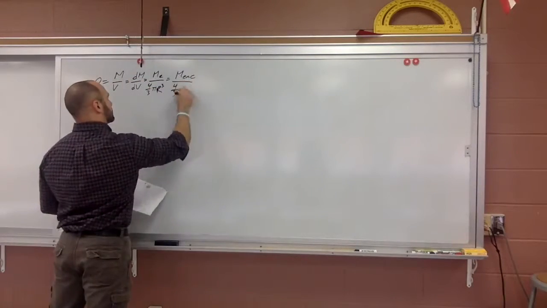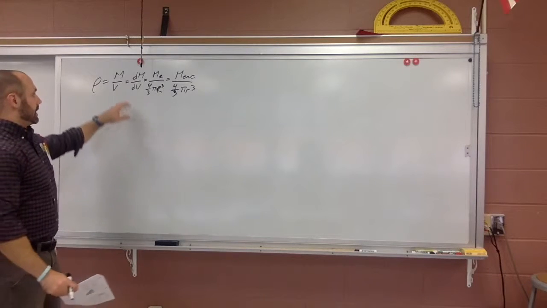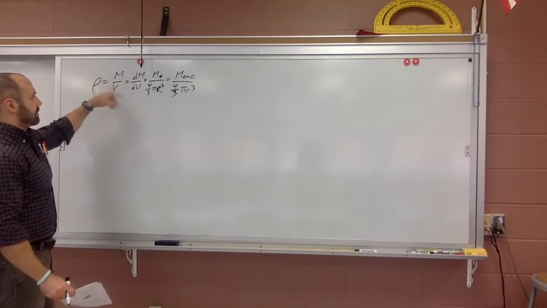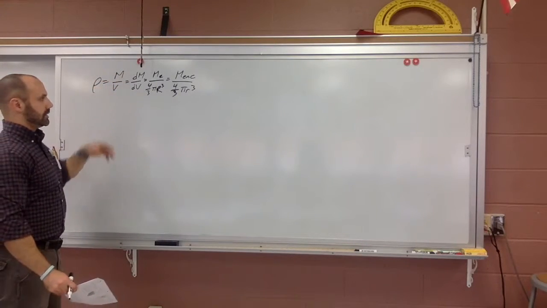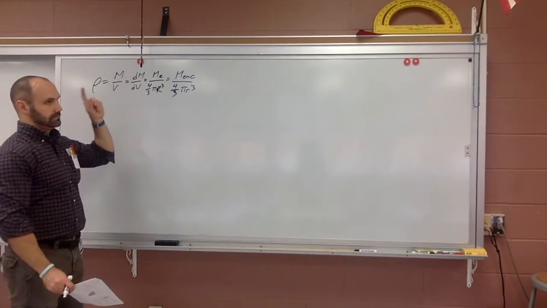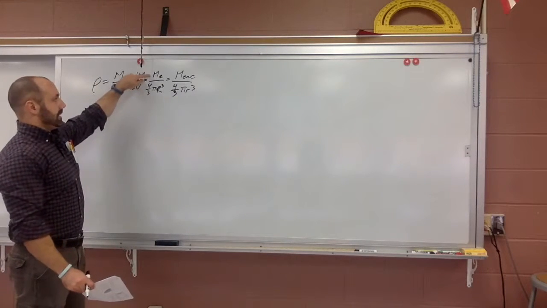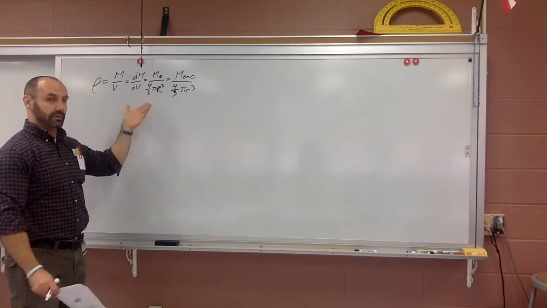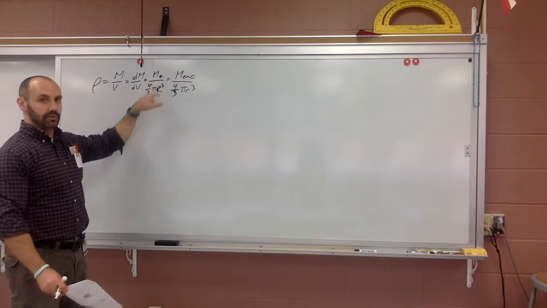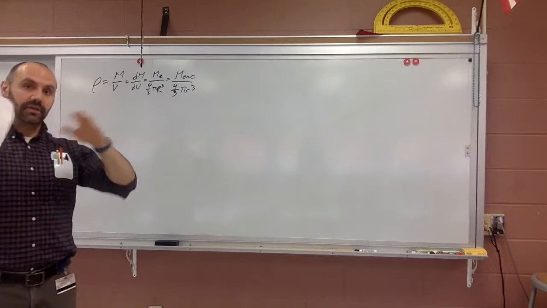And so we're starting off with this. This is the beginning of our derivation. And rho is m over v, right? dm over dv if we're going to do an integral. And now the mass of the Earth divided by the volume of the Earth, which is 4/3 pi r cubed. We use big R to denote the unchanging radius of the object itself.